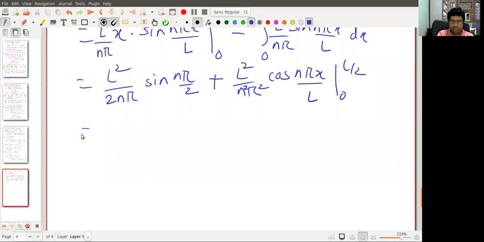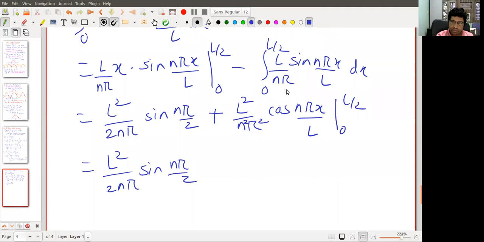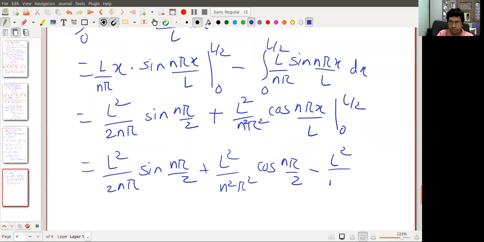So this is L square upon 2n pi sine n pi by 2, and here the upper limit gives, so plus L square upon n square pi square, upper limit is L by 2, so cos n pi by 2, minus the lower limit, so cos 0 is 1, so it is minus L square upon n square pi square.